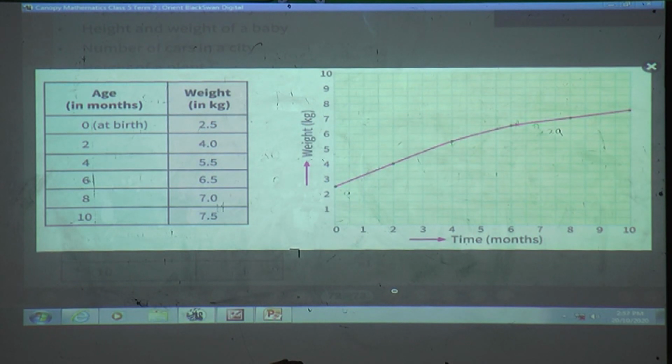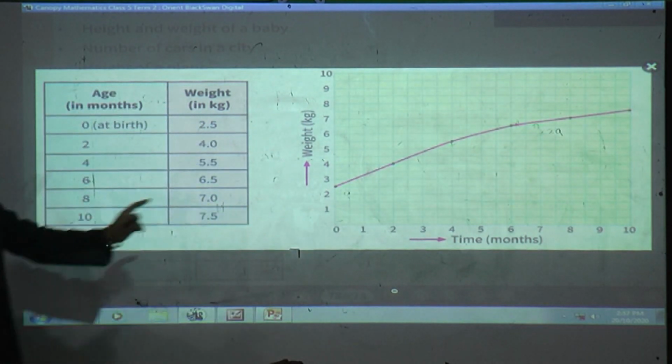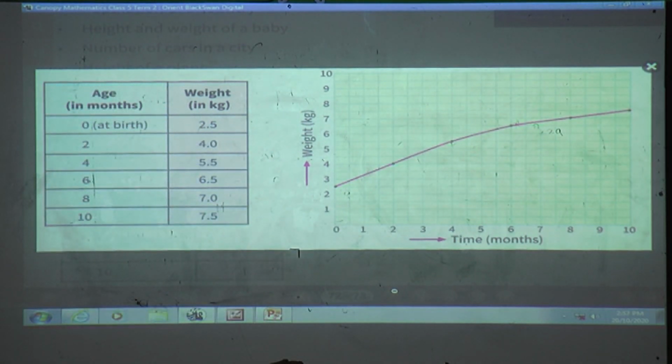Here the scale is 1 centimeter represents 1 month. The weight in kg is shown on the vertical line. So students, the weight after every 2 months is shown as a dot here.